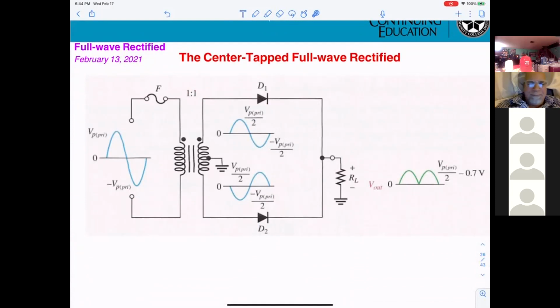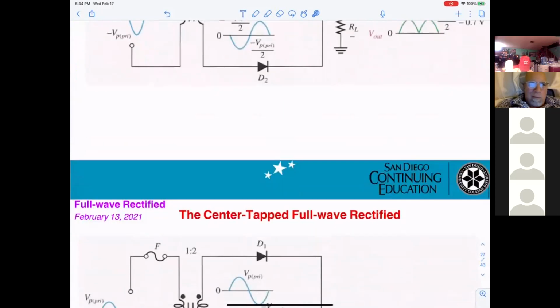So for the half here, you take V primary divided by 2, minus V primary divided by 2. And the output will equal V primary divided by 2 minus 0.7, depending on which diode is on.